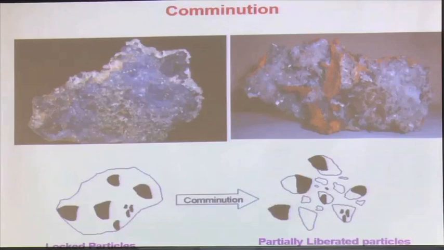If it does not, what will we do? We cannot break it further, because that is a wastage of energy. What we do is try to take out from this assemblage the particles which are already basically free from the dirt, and then we put the rest again into further breakage. So, that is basically a cycle.